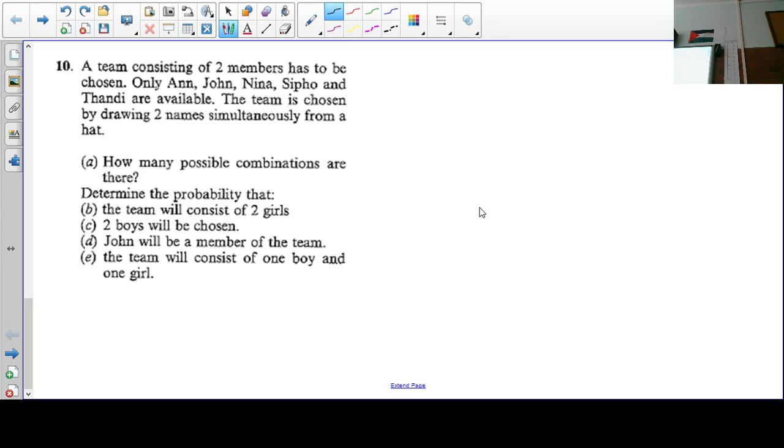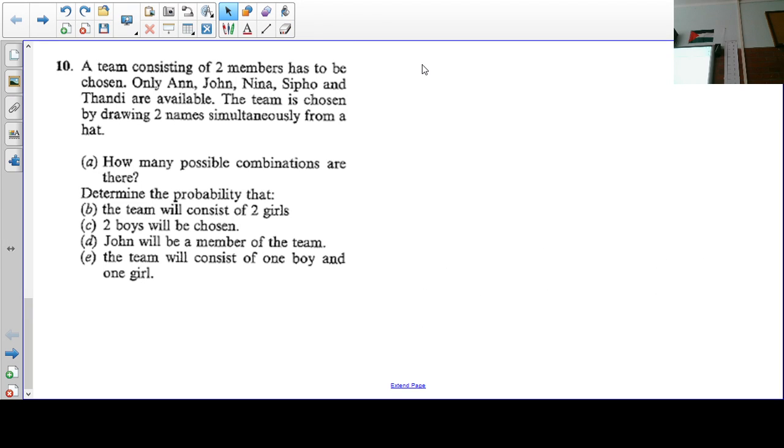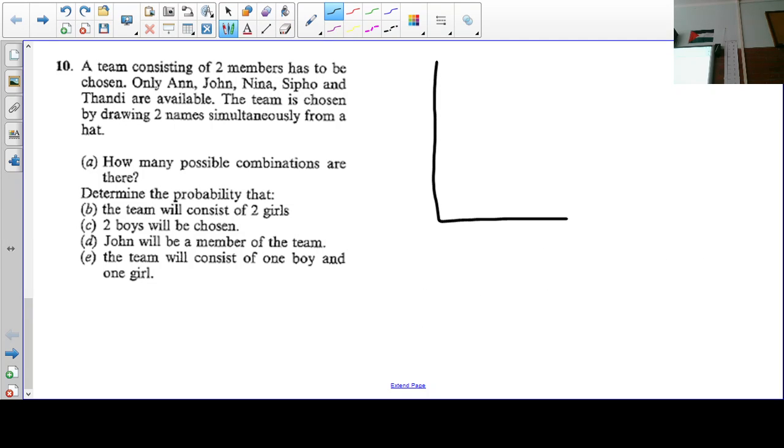So this is what it should have been. Again, it's the same scenario.